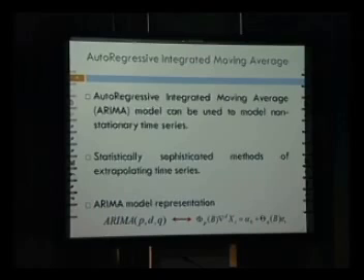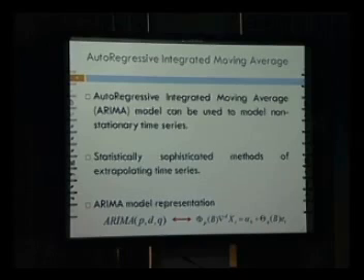This ARIMA model is comprised of two parts: the integrated part, which is the I part, and the ARMA, which can be categorized into AR and MA, the autoregressive and moving average. The autoregressive part models the real value part, and MA, moving average, models the future error based on the previous errors.